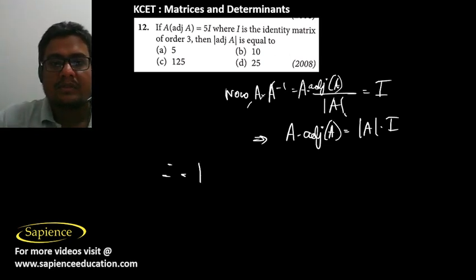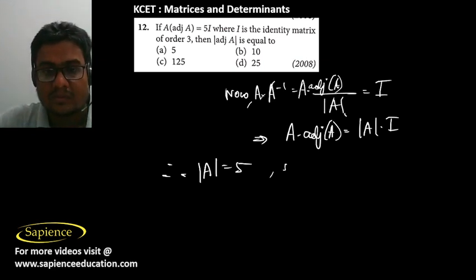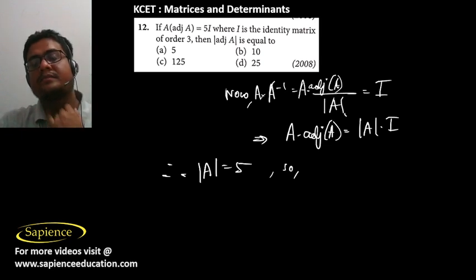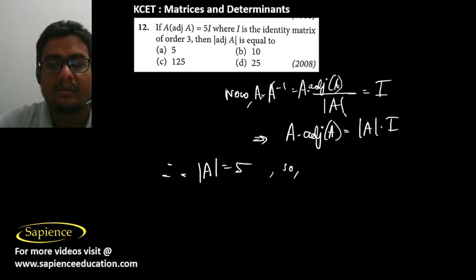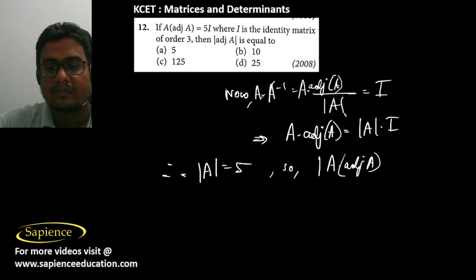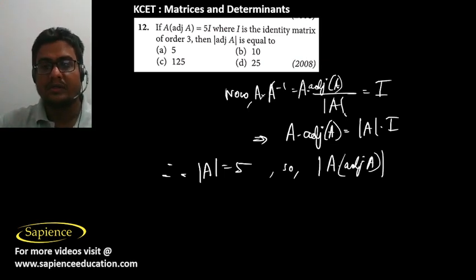Now therefore here it means that the determinant of A is equal to 5 here, if we compare the given equation and this. So the determinant of A is 5. Therefore if we take the determinant on both sides, then we will have the determinant of A into adjoint of A. I is the identity matrix of order 3.